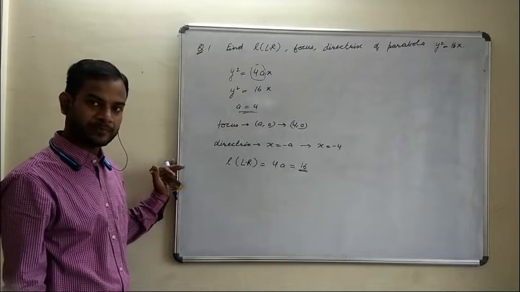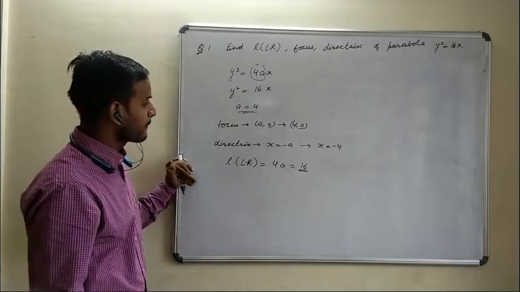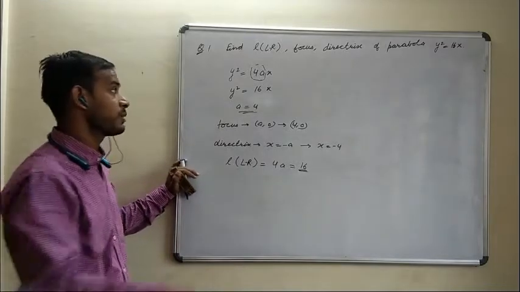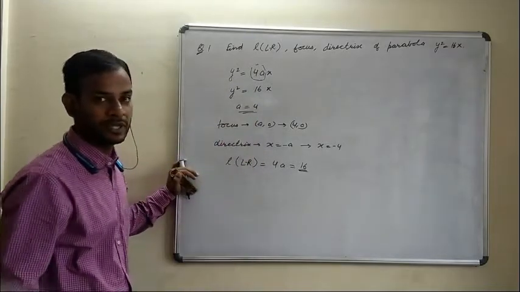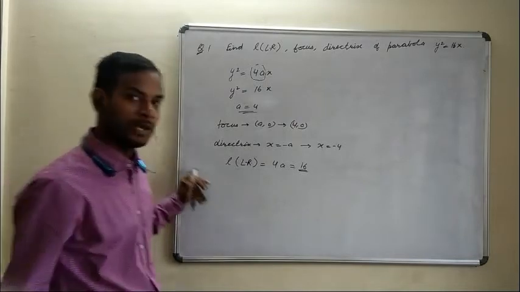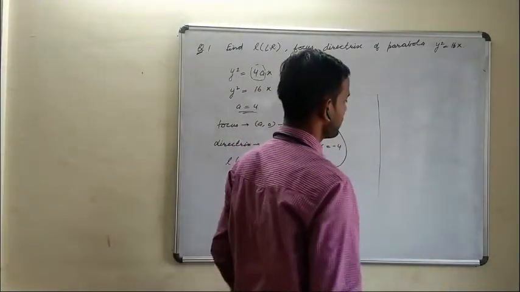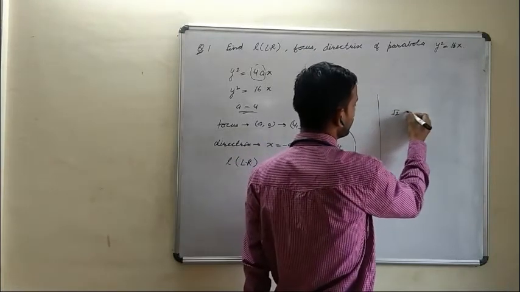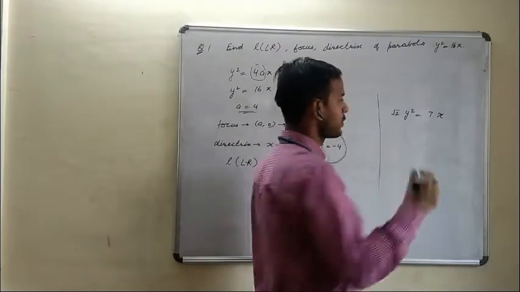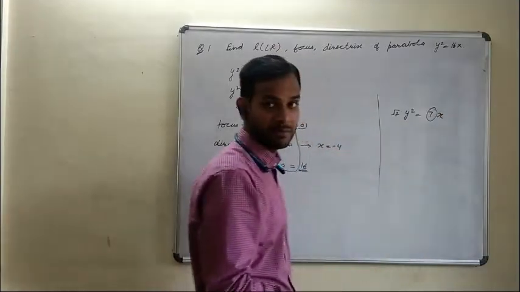Okay. For this to be called the length of latus rectum, the equation of the parabola should be in this format only. Okay. If you are looking at an equation something like root 2 y square is equal to 7x, that does not mean 7 is the length of latus rectum. Okay.